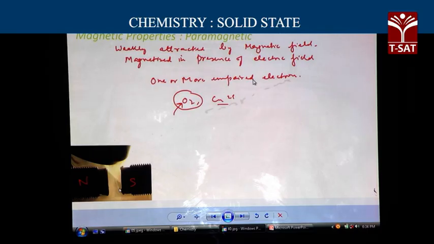As the number of unpaired electrons increases, paramagnetic behavior also increases. Example, O2 has 2 unpaired electrons in its anti-bonding molecular orbitals. That is why O2 is a paramagnetic substance. Similarly, all transition metals belong to this kind of magnetic property.